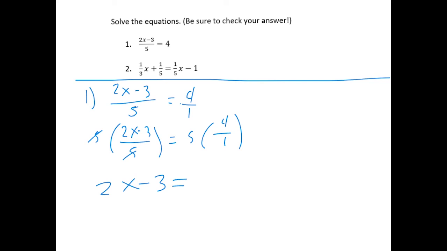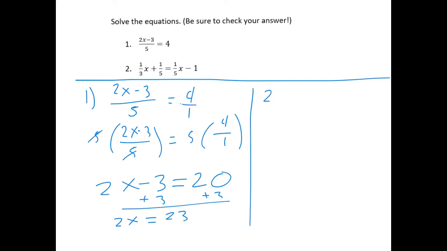And on the right-hand side, we just have 5 times 4, which is just 20. So add 3 to both sides to get 2x equals 23. So from 2x equals 23, divide both sides by 2, and x is going to be 23 over 2.